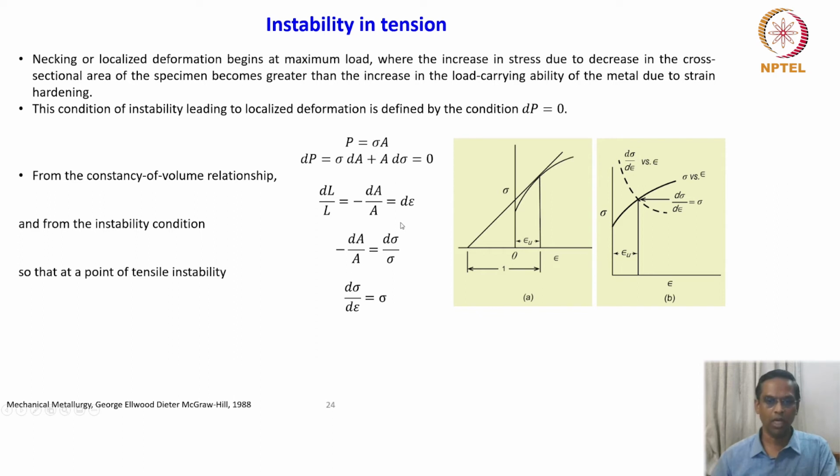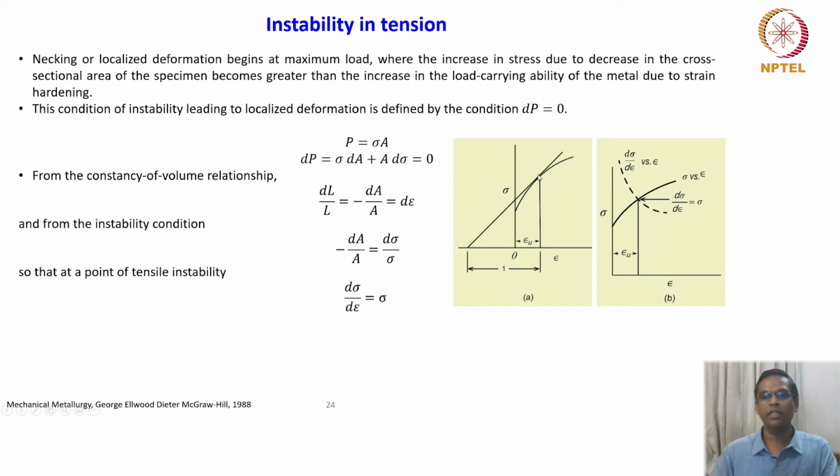Now we can look at all this in a graphical way. How to find the point of necking at the maximum load? There are two ways. One is on the sigma versus epsilon plot, where you look at the point and draw a subtangent of unity. Draw from the maximum load a subtangent of unity.